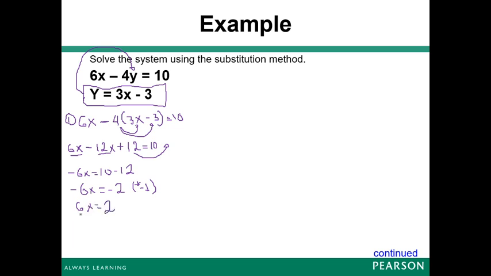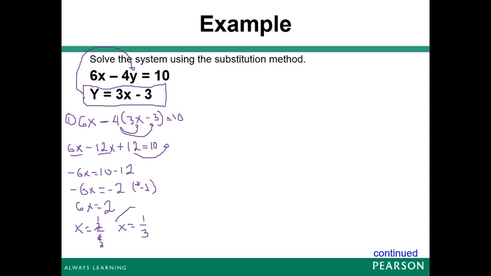Now remember, this 6 is multiplying the x, so we are going to pass it to the other side to divide the number 2. So the answer is x is equal to 2 over 6. I can simplify by dividing by 2, 1 and 3. So the answer is x is equal to 1 over 3.